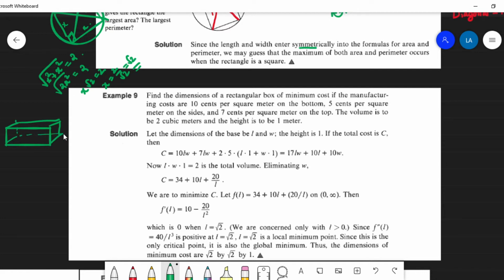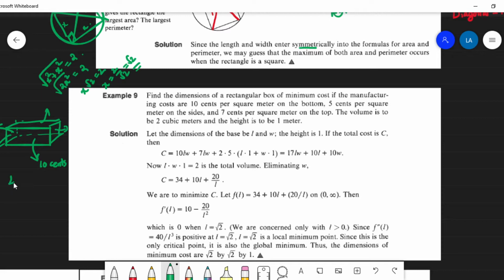So you're given that the cost of making this box at the bottom part requires 10 cents per square meter, and 5 cents per square meter are required on the sides. Sides in the sense you have 4 sides: one here, another on the opposite side, and one on each of the other two.